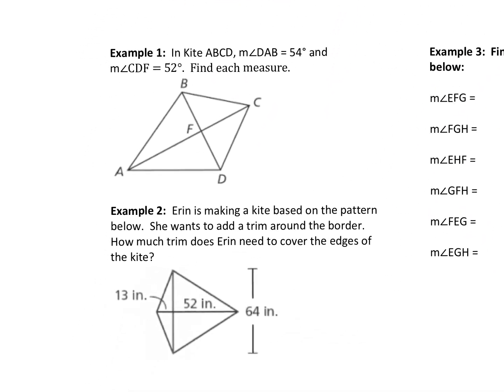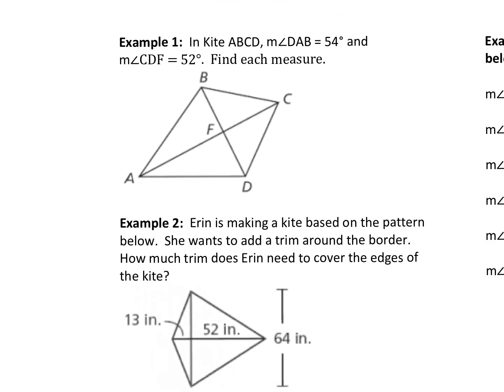All right, in example number 1, kite ABCD. Remember, we go around the quadrilateral when we name them. ABCD, measure of angle DAB is 54, and the measure of angle CDF is 52.